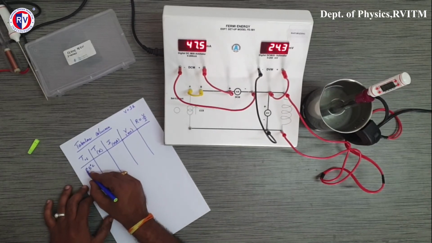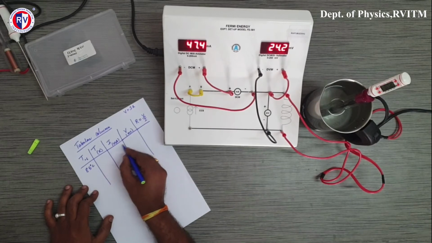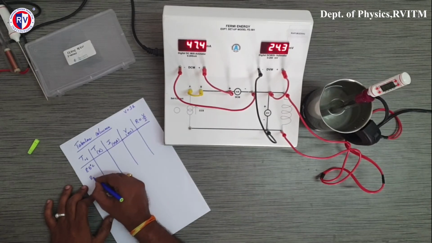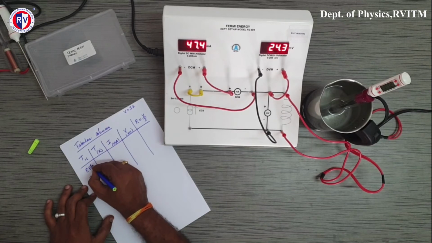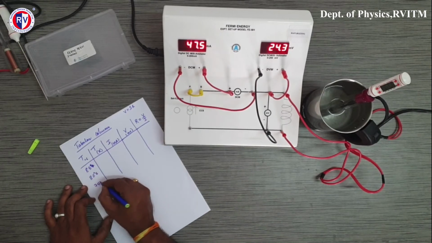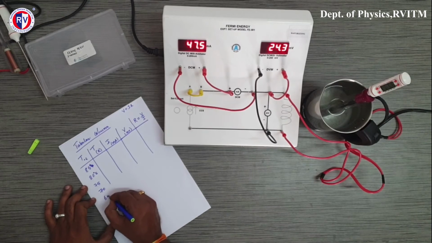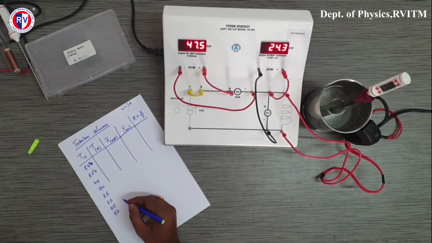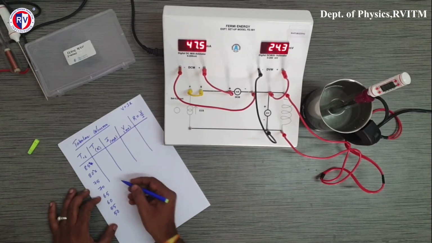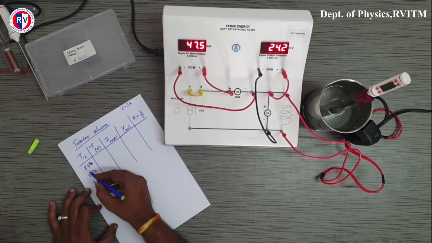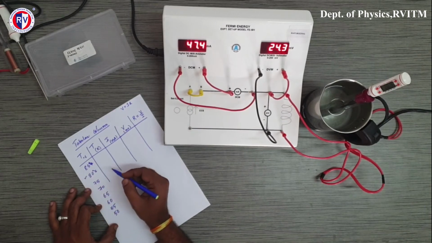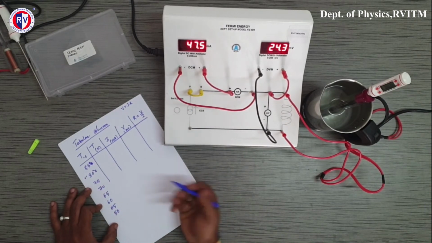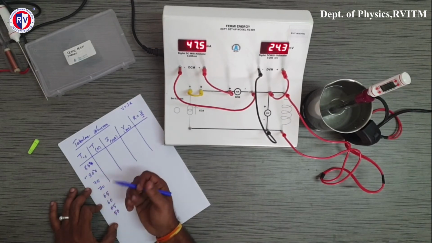So start at 85 degrees Celsius, note down the current and voltage, then wait until 80 degrees Celsius, then 75, 70, 65, 60, 55, 50. It is always recommended to start at 80 degrees Celsius. In case the temperature is above 85, you can also consider starting at 85 degrees Celsius.